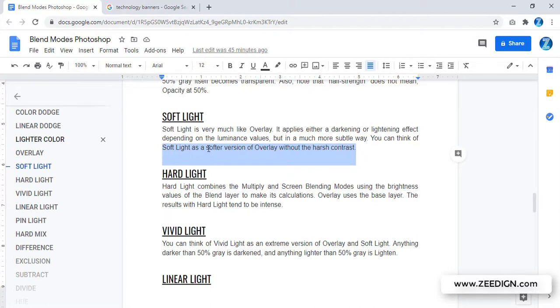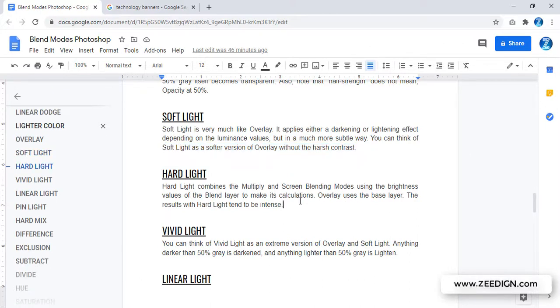Now the hard light, just by its name, the results with hard light tend to be intense. And remember, this category is dealing with both. We had a darken category, then we had a lighten category, and this category is dealing with both brightness and darkness.